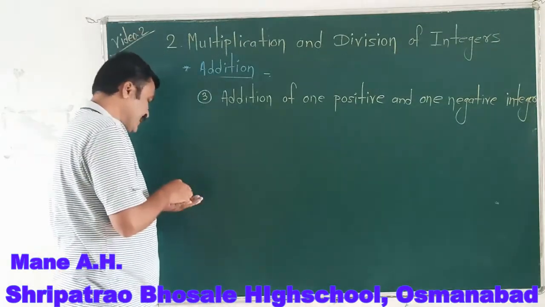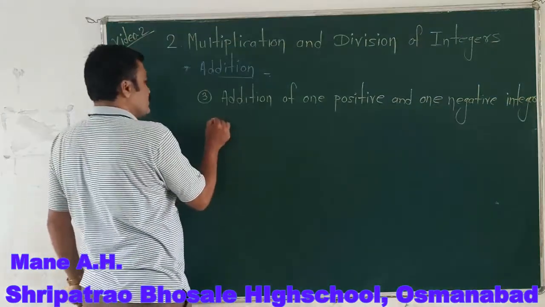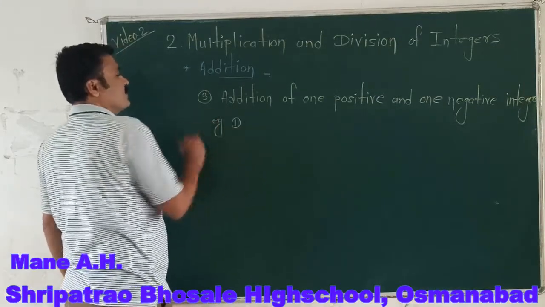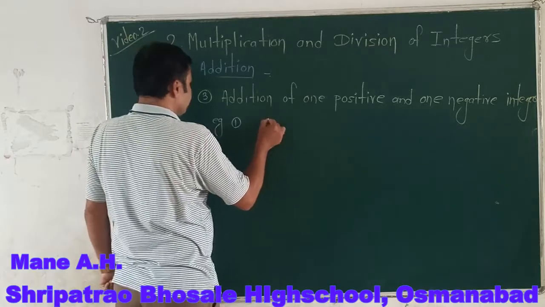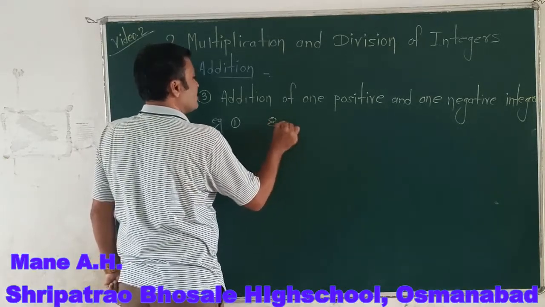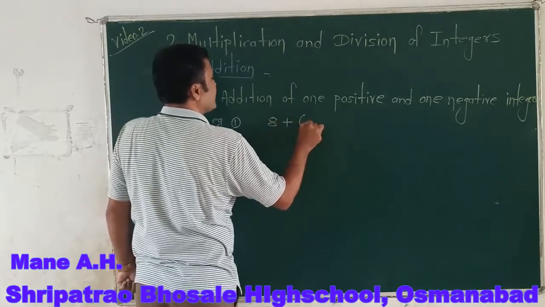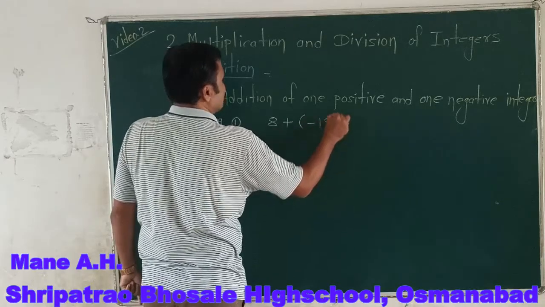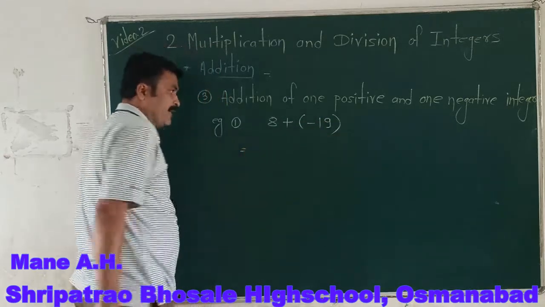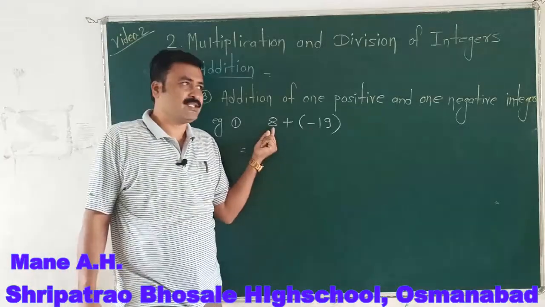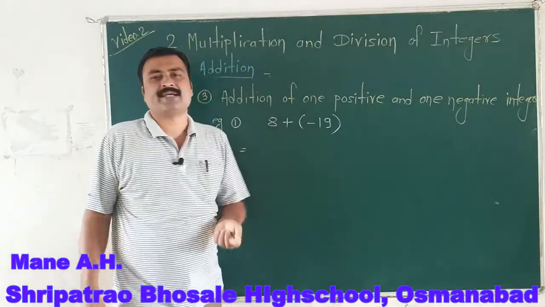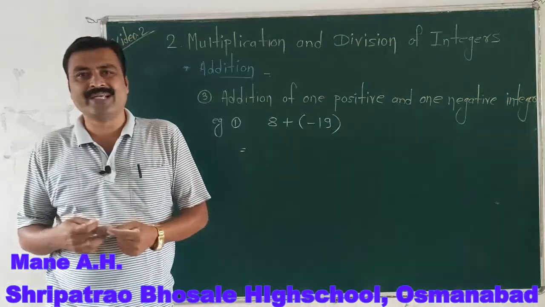So in this addition we have to continue with one positive and one negative. The first example that I want to take is in this way: 8 plus, in brackets, minus 19. Now this is the addition of one positive, that is 8, a positive integer, and minus 19, a negative integer.